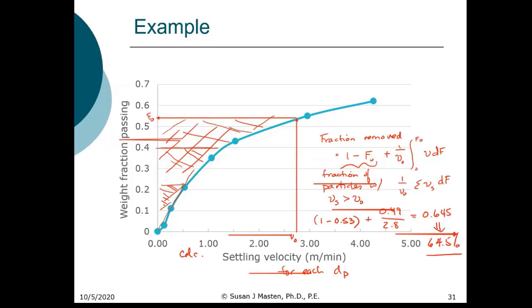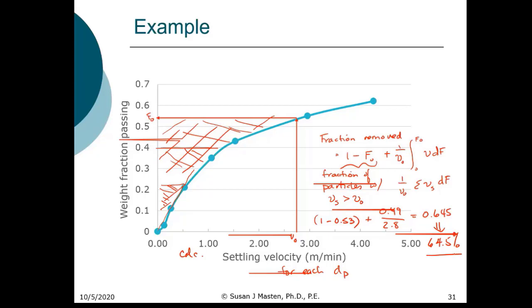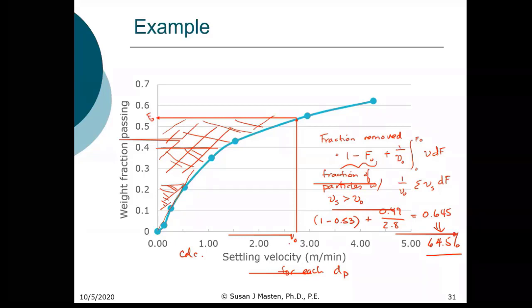What this is estimating is that for this given particle size fraction, we would remove roughly 64% of the particles in this grit chamber at this particular overflow rate. If we reduce the overflow rate, we would remove more particles. If we increase the overflow rate, we would remove fewer particles.